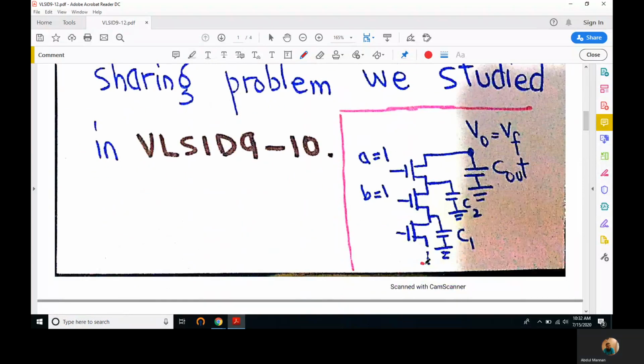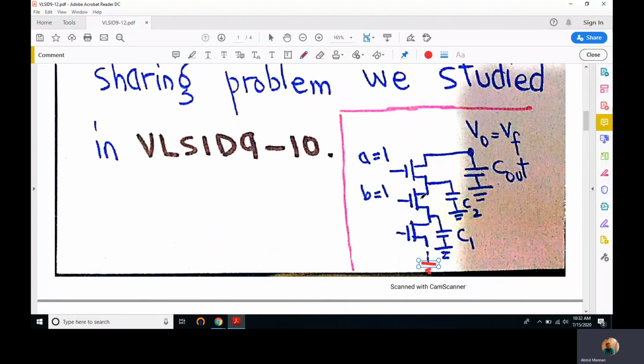We studied here that we have a ground here, and this charge sharing problem worsens because if A and B are 1, these capacitances become one node.